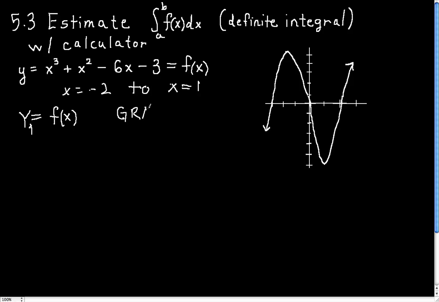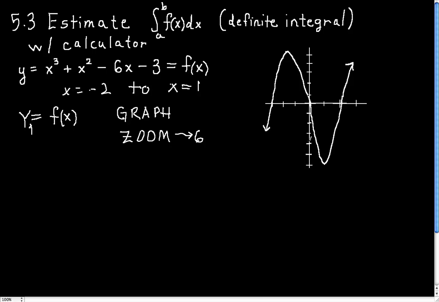There's a graph button on the right of the top row of buttons. And if your window is looking a little weird, push zoom 6. There's a big button on the top row in the middle, and then push the number 6, and it gives you a standard window, and you should get something that looks like this very rough sketch in your window.